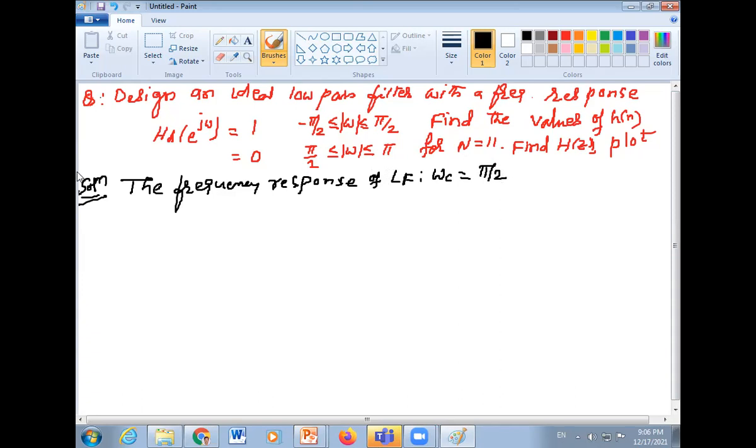Omega c equals pi by 2, and the value is already given here.